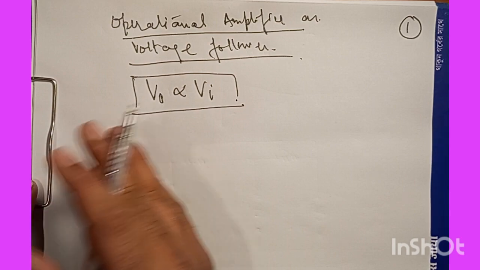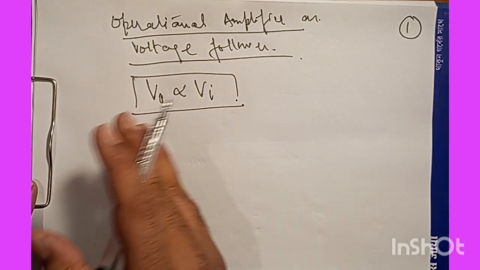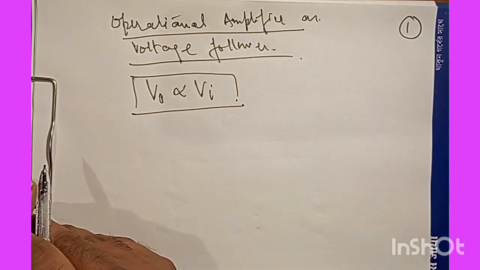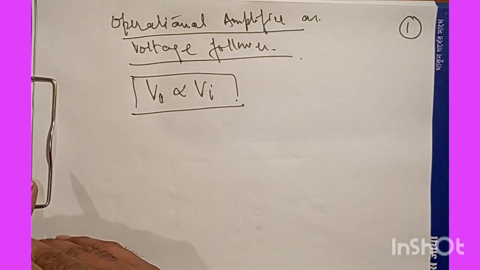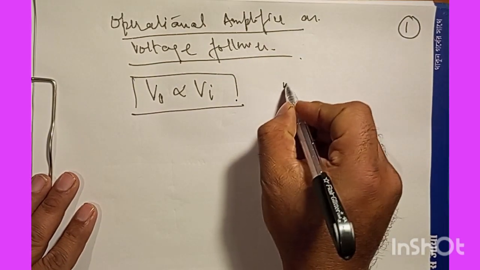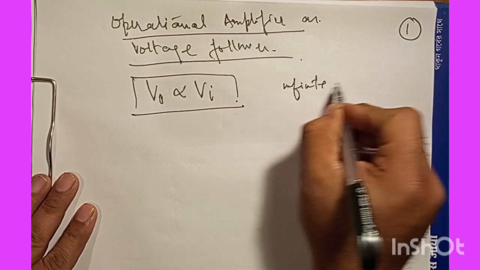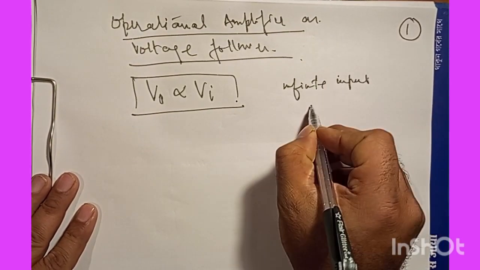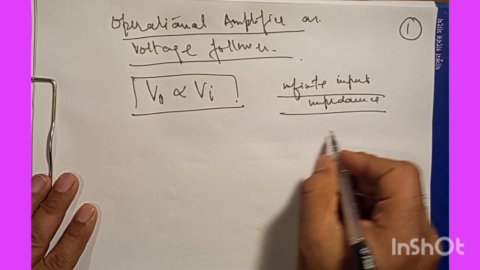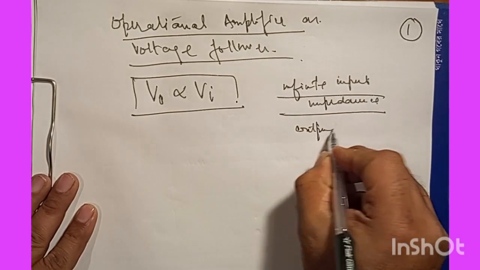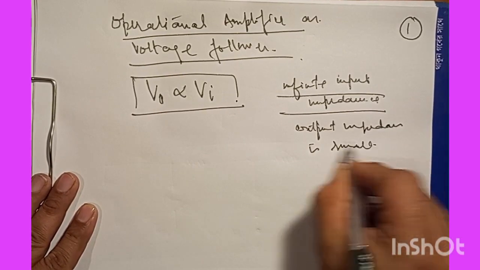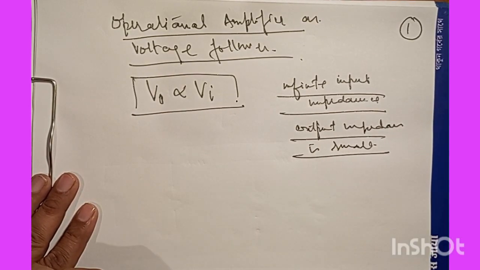Since we are making use of an operational amplifier, the output of this arrangement is the same as the input, and at the same time we are dealing with a device which has infinite input impedance, ideally very large, and output impedance is small. For an ideal operational amplifier, it's zero.